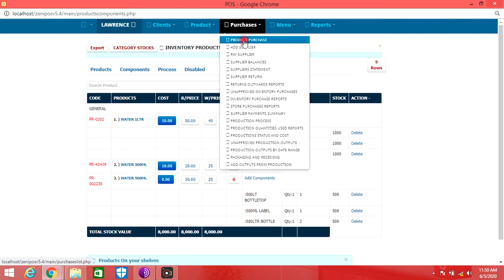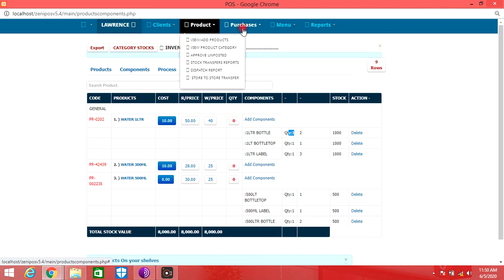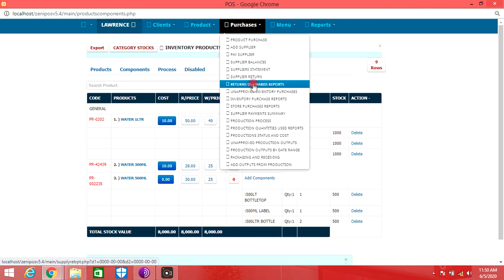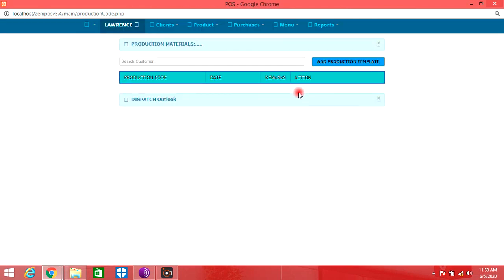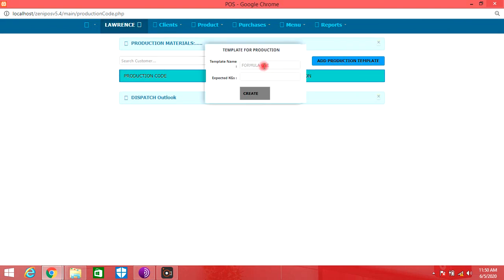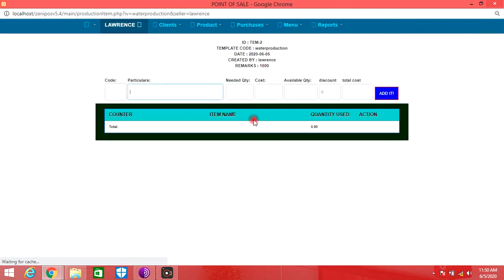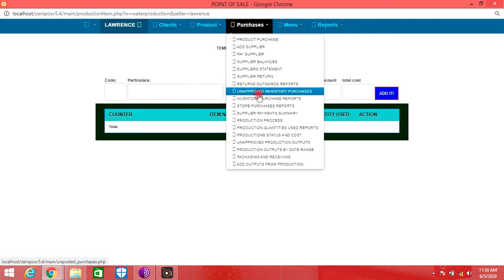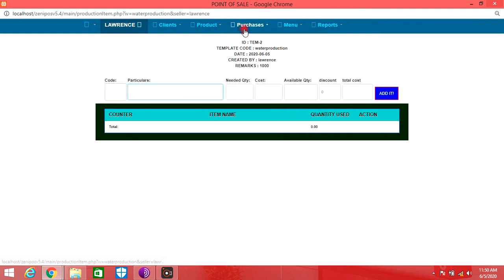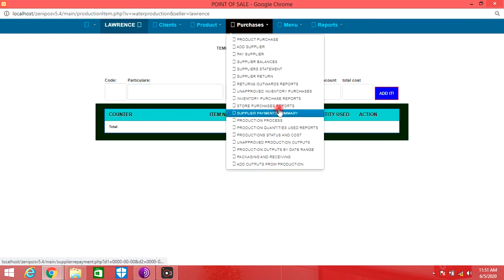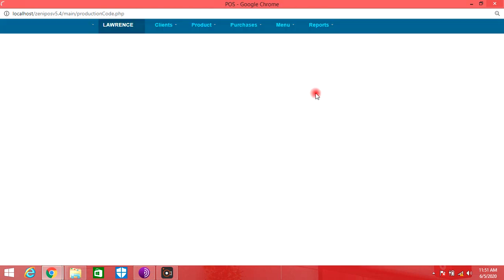So let us go to the production process and create a water production, 1,000 liters. In this water production, our raw material is water, but in this sense we may decide to put it or not.